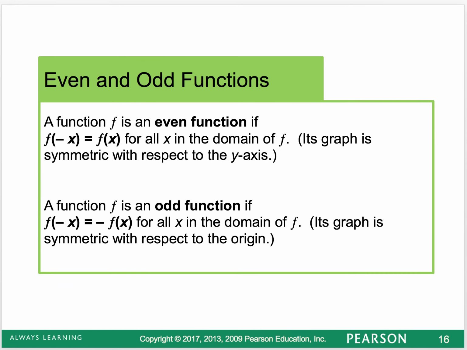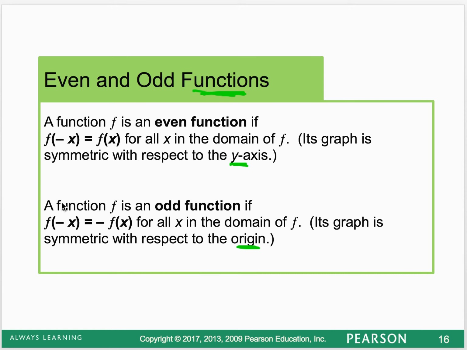And finally, we have even and odd. Now, the symmetries, x-axis, y-axis, and origin, can apply to any equation. As a matter of fact, think about that x-axis symmetry we just said can't be a function. But if you're talking about functions in particular, then we call those symmetries even and odd. And so a function can be symmetric to the y-axis, and it can be symmetric to the origin. So it's asking the exact same thing. I'm going to do the exact same thing to find these out.